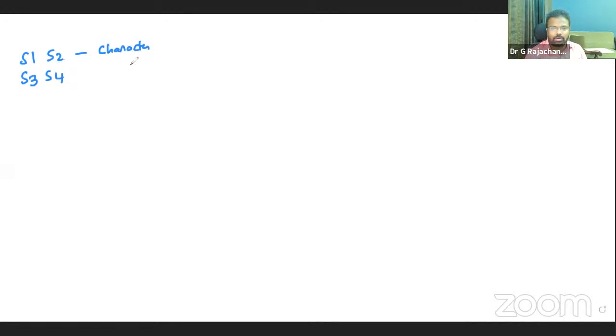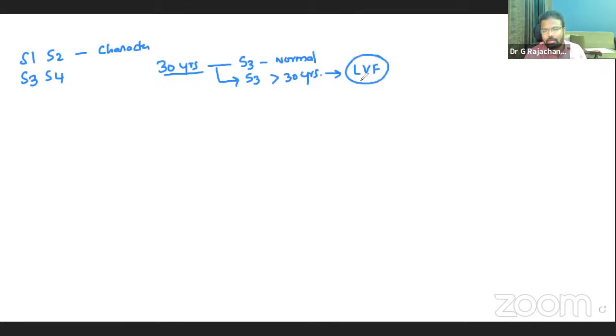Generally, I want to add one more point here. Up to 30 years of age, audible S3 is normal. S3 above 30 years of age is a diagnostic feature of left ventricular failure, also called left heart failure.